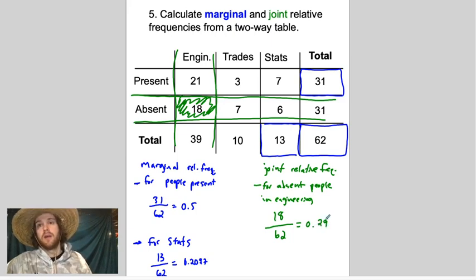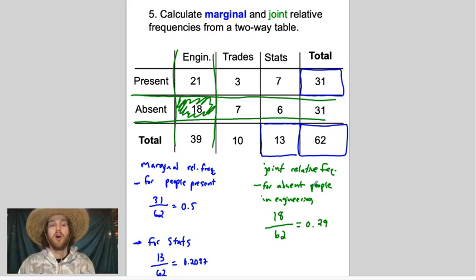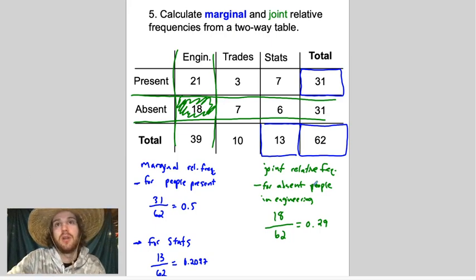So 29% of my students were engineering students and who were absent, out of my total students that I'm seeing. Okay, so that's the joint relative frequency and marginal relative frequency.